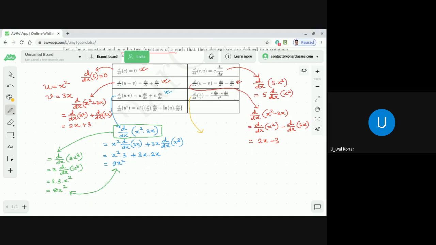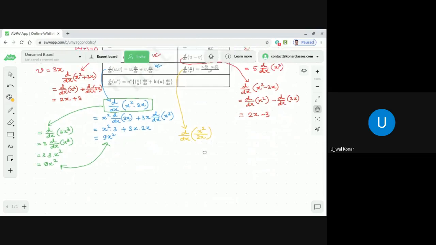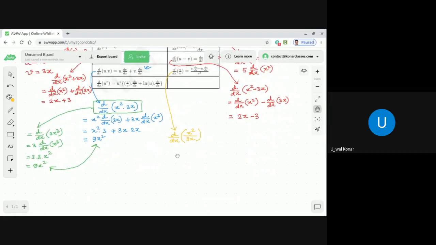Let's take an example so that it will be much clearer. We do it here, d/dx of u by v, where u is x square divided by 3x. Let's do it by applying the formula. So if we apply the formula, then what are we going to get?